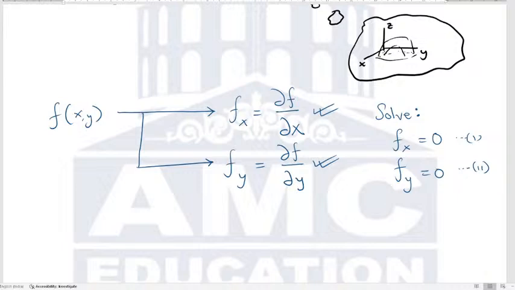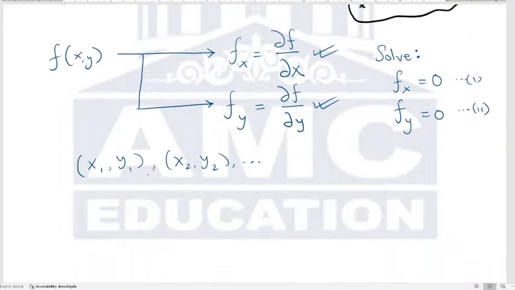Now you see, when we find these values of x and y, we identify certain extreme points. For example, we'll get (x1, y1), or (x2, y2), and so on. There might be 2, there might be 4, there might be 5, and so on.